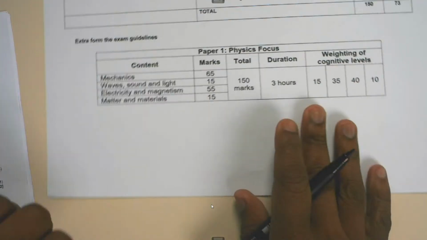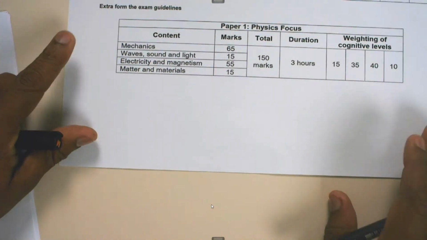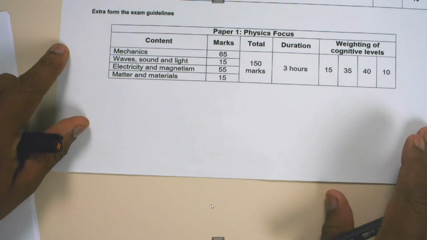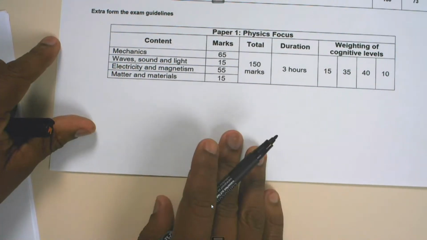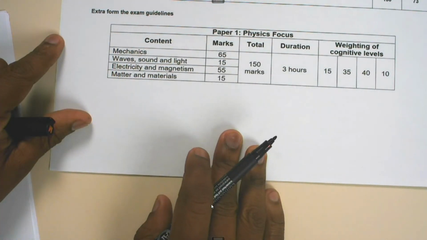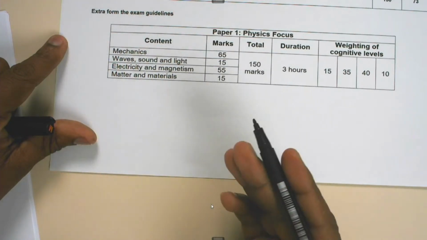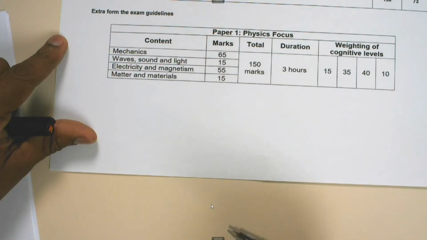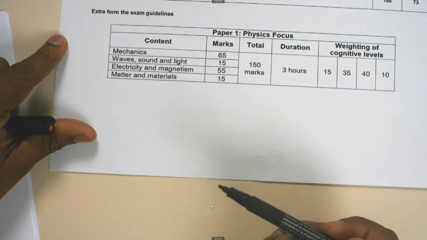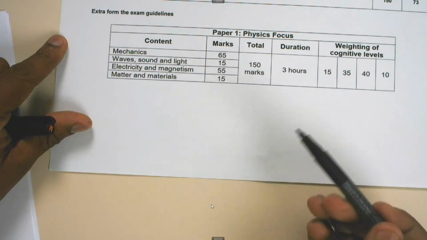So the very first thing for paper 1, I usually say let's look into the distribution of marks. The idea for the distribution of marks is, when I sit down and prepare for my exam, there has to be a guide that tells me where I can achieve my maximum marks.